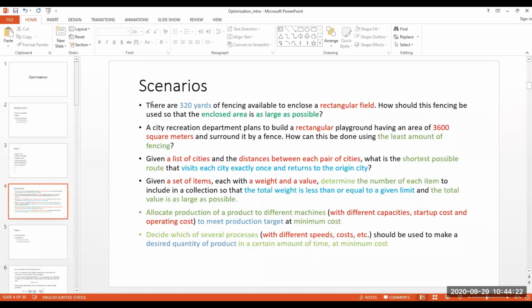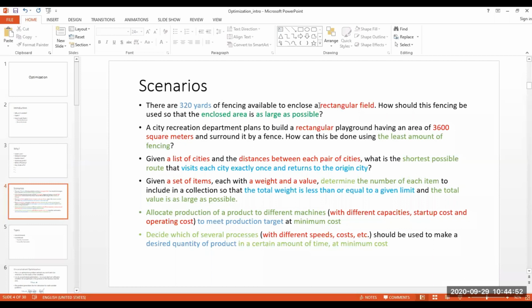There are some scenarios. I will not go through all of these, I will pick some of these, okay? So in the scenario, you will see different colors: some blue colored words, some red colored portions, and some green colored portions. The blue colored ones, let's go through the statement first. There are 320 yards of fencing available to enclose a rectangular field, okay? So these are some of the key informations required for conducting your optimization.